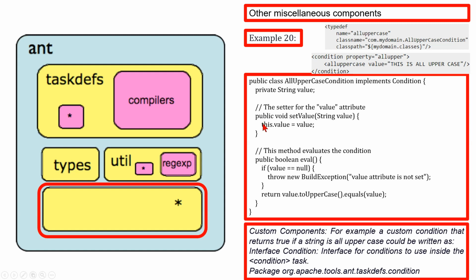This is the setter for the value attributes. This method evaluates the condition.